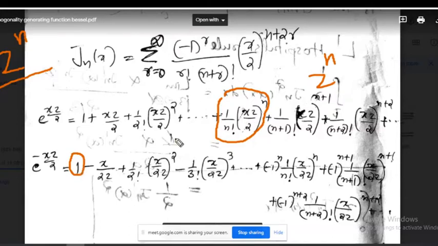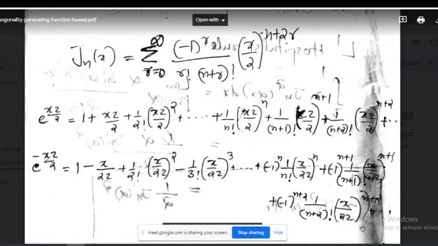When I multiply this with this, z to the power n will be there, and the coefficient will be 1 by n factorial (x by 2) to the power n. As I multiply, I will get 1 by n factorial (x by 2) to the power n.